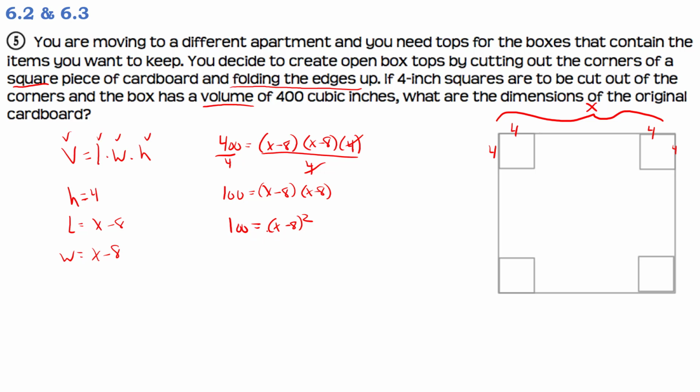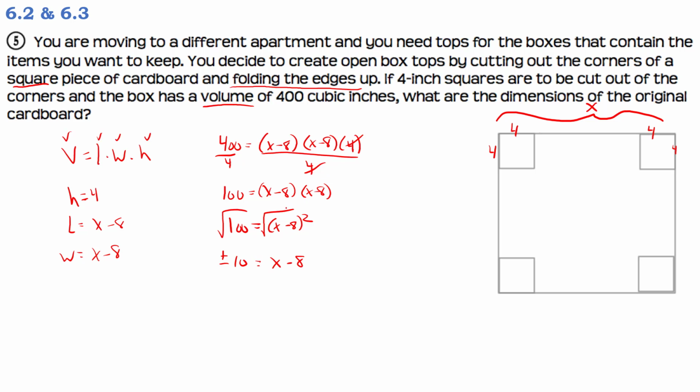Well, let's take the square root of both sides so we can get that x by itself. So take the square root of both sides here, and we'll be left with plus or minus 10 equals x minus 8. Now I need to determine whether we use a plus 10 or minus 10.